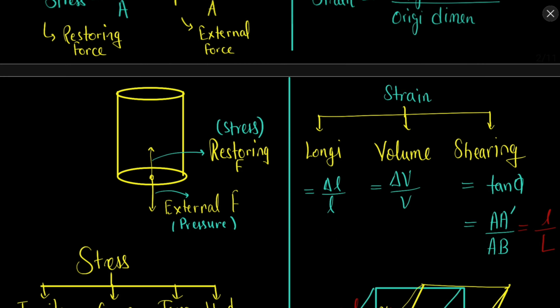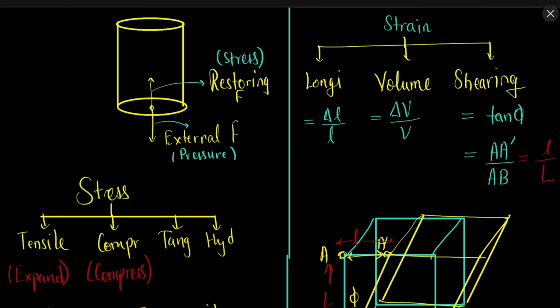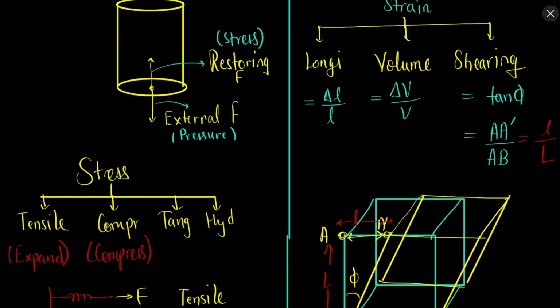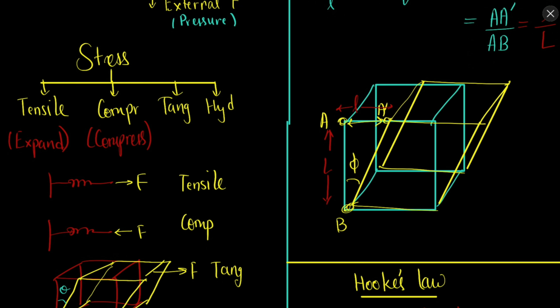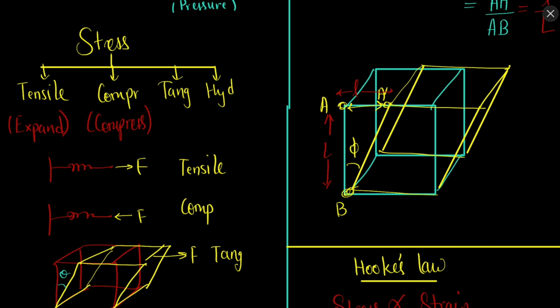That restoring force per unit area is called the stress. Obviously when you apply more external force, the stress will increase because the solid will need to apply more restoring force. So the term stress is quite familiar to you. Now stress is of four types: tensile stress, compressional stress, tangential and hydrostatic stress.